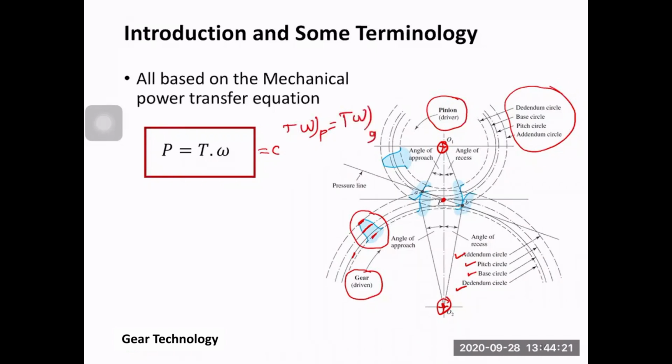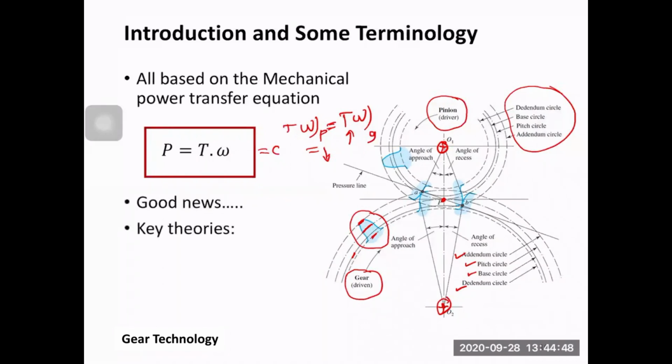So if you reduce the speed, then in this case, the torque for the wheel is going to increase, okay? You can just see that because the pinion rotates more, the gear rotates less, and also we can play with the torque as well, okay?